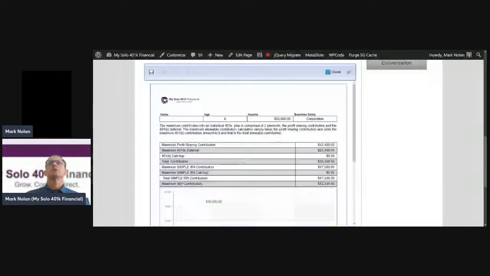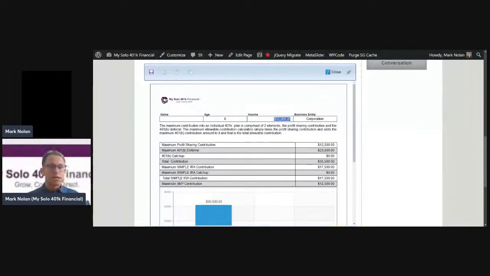So here, with $50,000 of W-2 wages, you're going to be able to actually contribute the full $50,000 as a voluntary after-tax solo 401k contribution for tax year 2024. Why? Because it's a dollar for dollar contribution when doing it as a voluntary after-tax contribution, which means it's not a percentage.